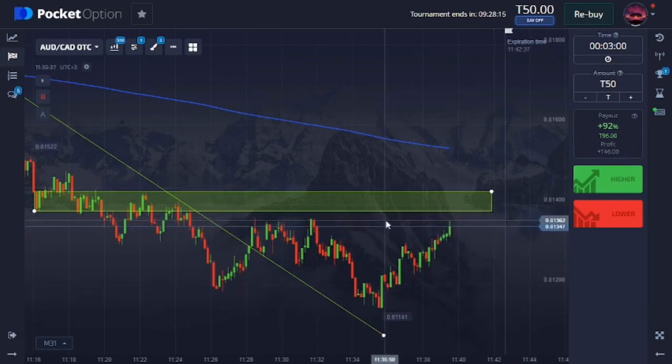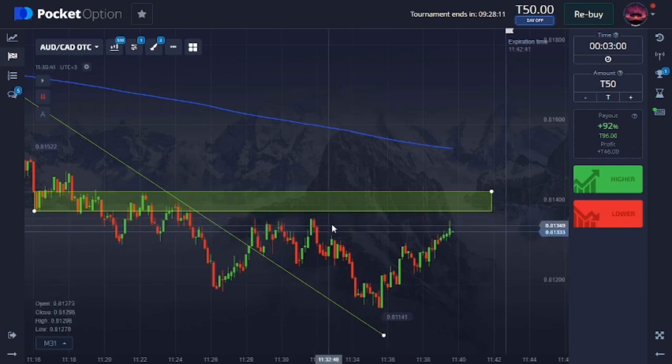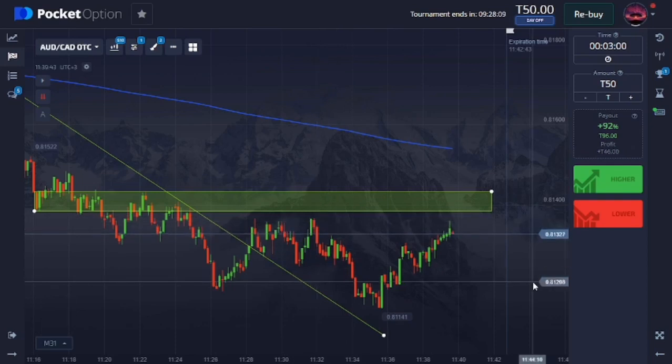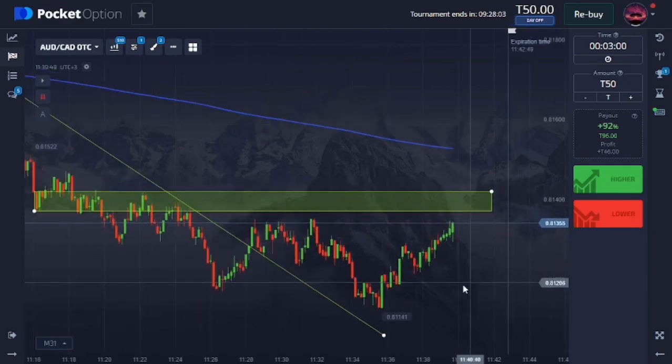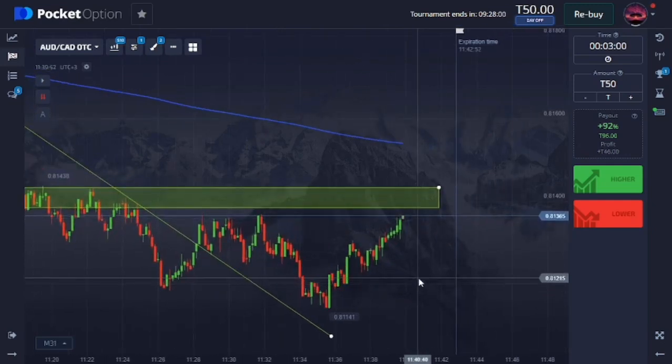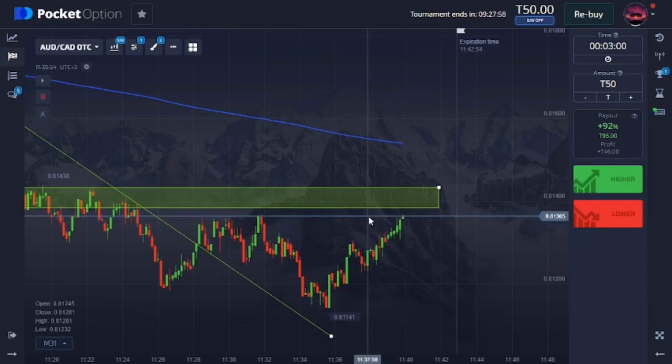Perfect. Finally trying to break this swing high. Buy side liquidity, SMC, smart money. Finally, buy side liquidity has been taken.